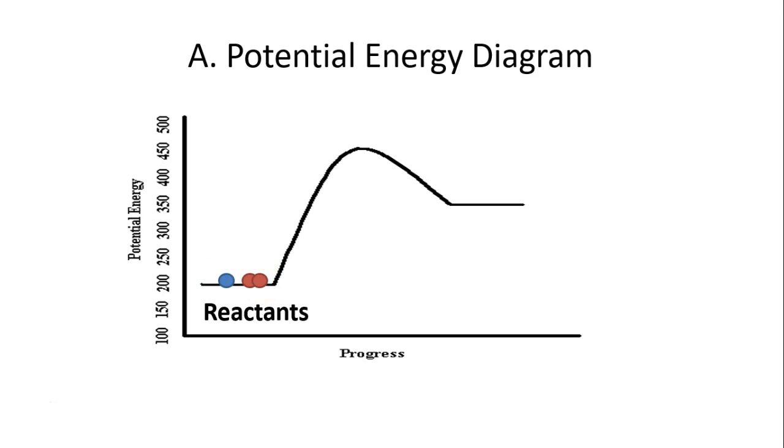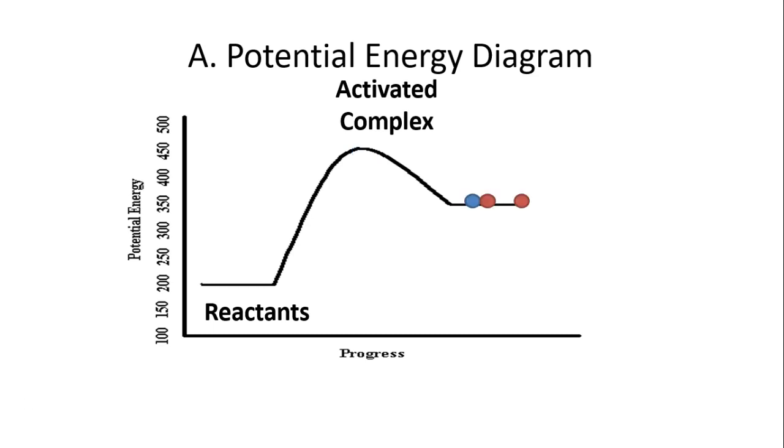Then what happens is energy is introduced. And so since energy is introduced, it can go up in energy, we add energy, and it can form something new, which is what we call the activated complex. All the atoms are smushed together, they've collided, and now we just need them to break apart and form new things. So then they do that.